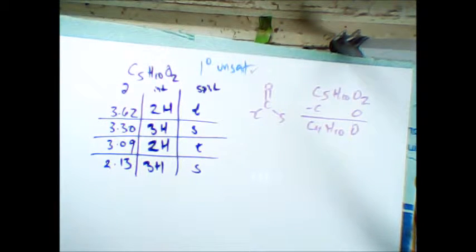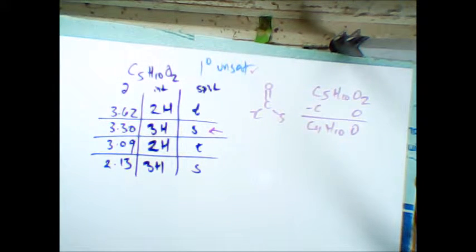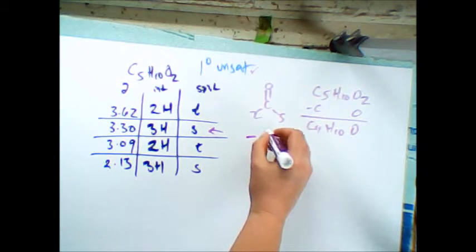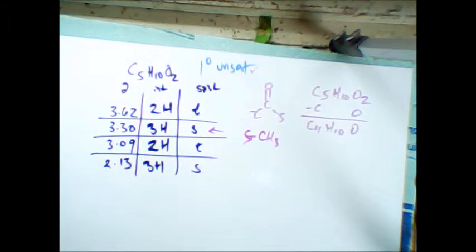Some of these are going to be a little bit interesting, but we can say right off the bat, this guy here is an isolated methyl group. So he's going to be a CH3. Let's subtract that out of our formula.